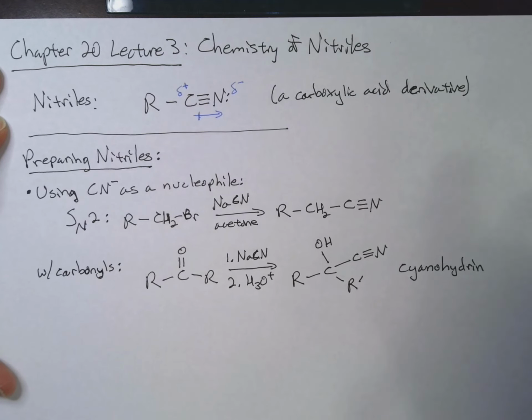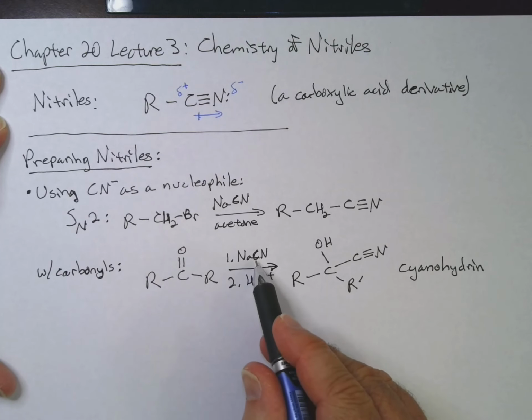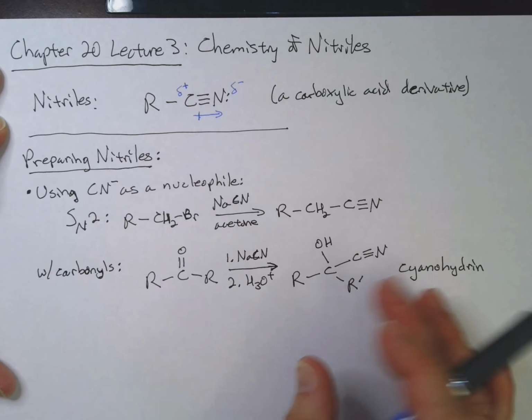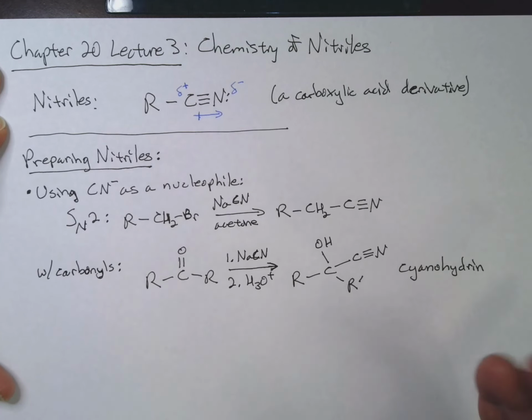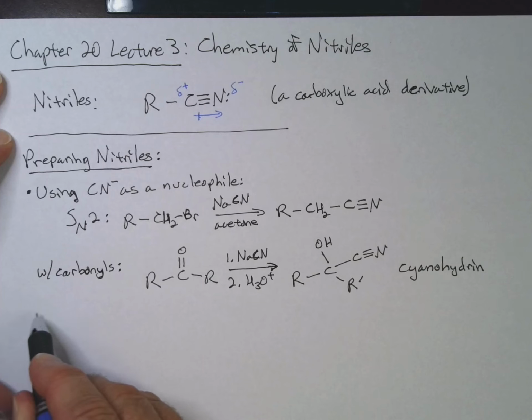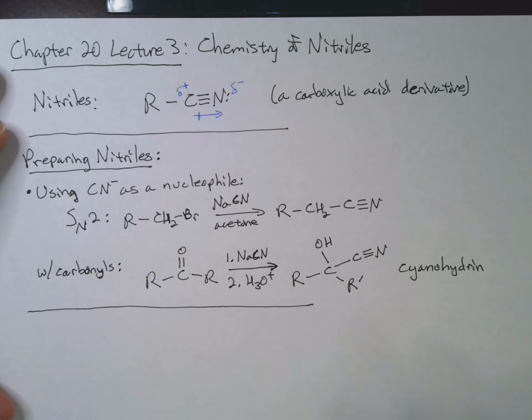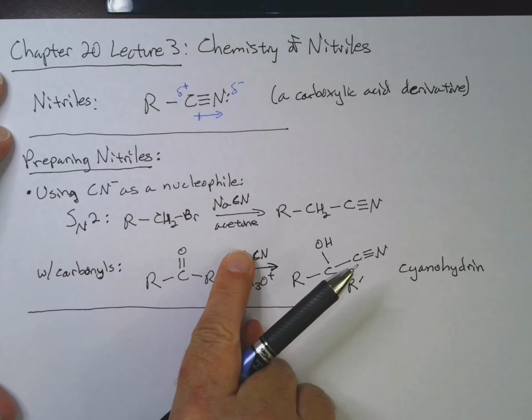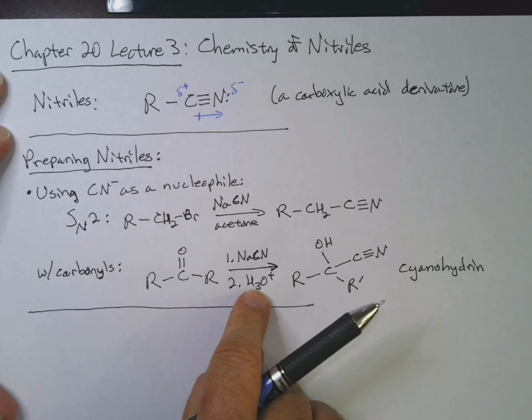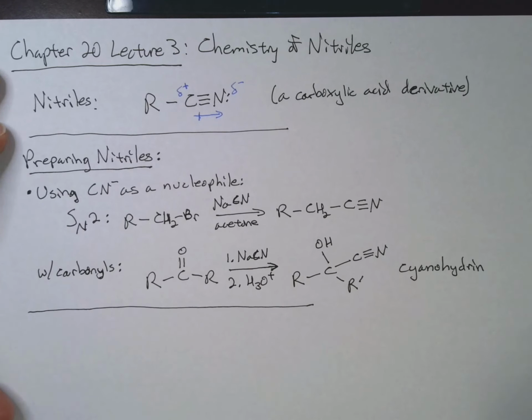I did mention that in chapter 19. I know it was a little quick, but it is in there. We could use NaCN and HCN as another reagent, so just one step. You may see that in some texts. But really it's the CN minus ion and then some kind of acid to protonate our oxygen at the end to make the cyanohydrin.